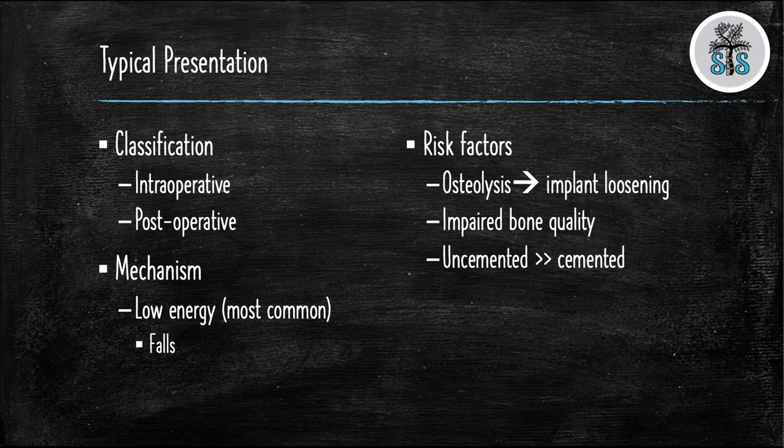Uncemented implants and revision surgery, like we previously discussed on the last slide. Females are at a higher risk. Age is a risk factor. The older you are, the higher the likelihood of sustaining a periprosthetic femur fracture. And the higher your BMI is, are all risk factors.